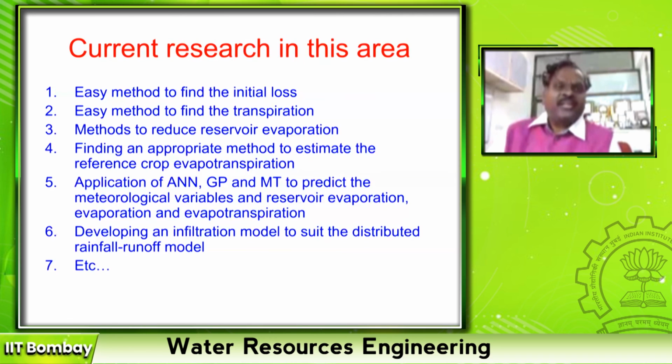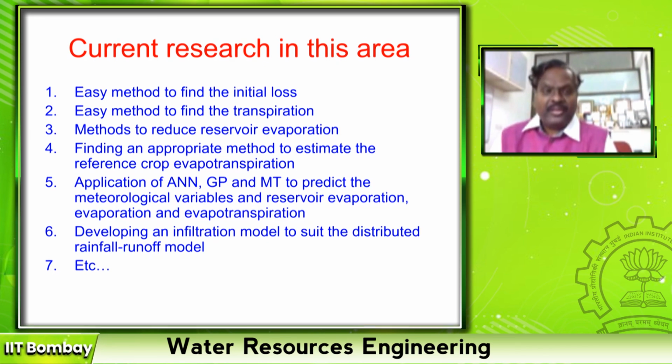Okay, and this is the current research going on in this area. An easy method to find the initial loss, an easy method to find the transpiration, methods to reduce reservoir evaporation. Right? I think you can read how in Israel people are reducing evaporation. That is one of the countries which uses each and every drop of rainfall. Right? You can take this.